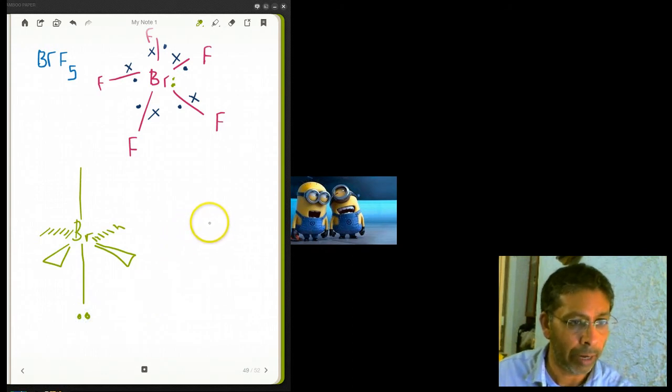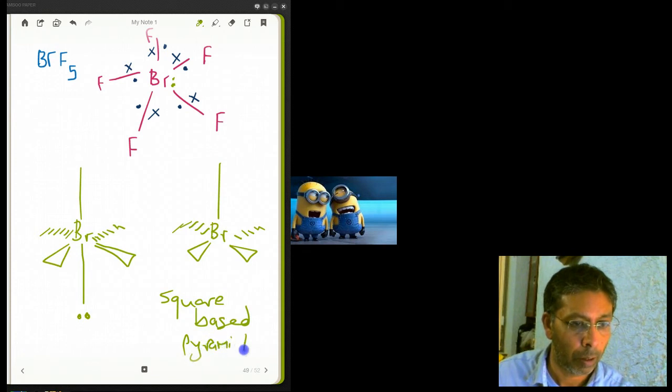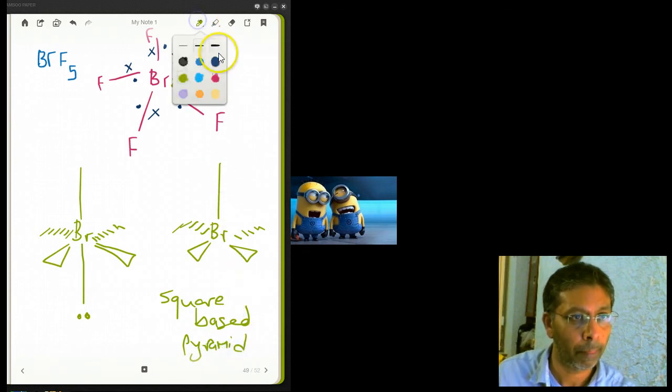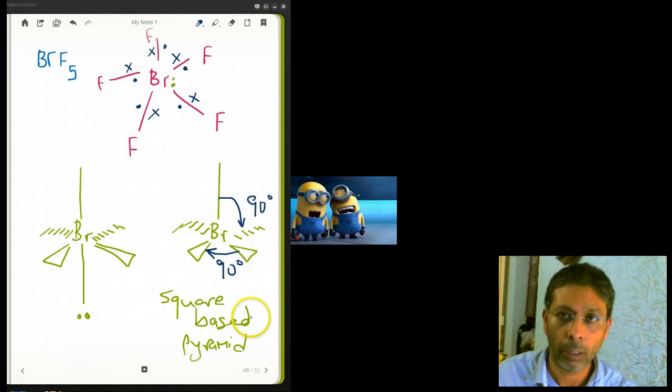And so now we have a, guess the name, we have a square based pyramid. Bond angle, that's 90 degrees, as are all of these also 90 degrees. So you've only got one bond angle, 90 degrees.